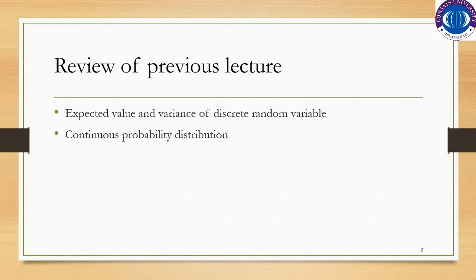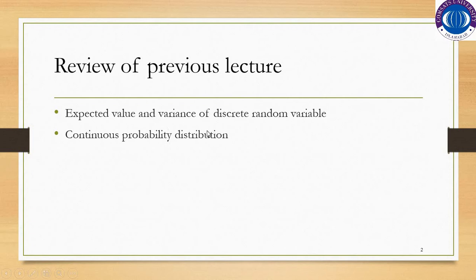In the previous lecture, you studied the expected value and variance of a discrete random variable and continuous probability distribution. We learned how to find the expected value and variance of a discrete random variable.